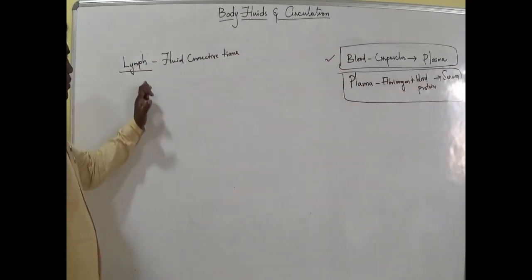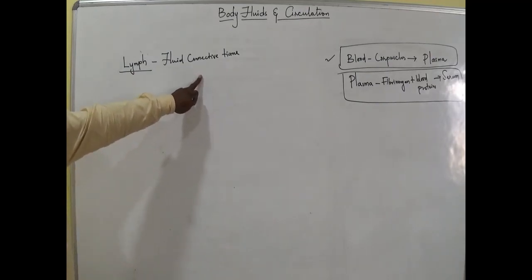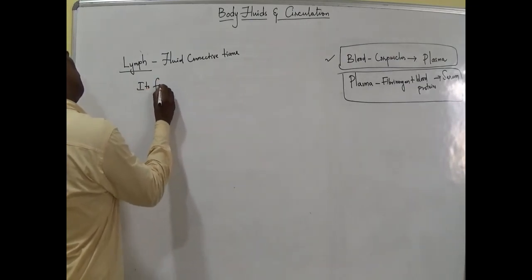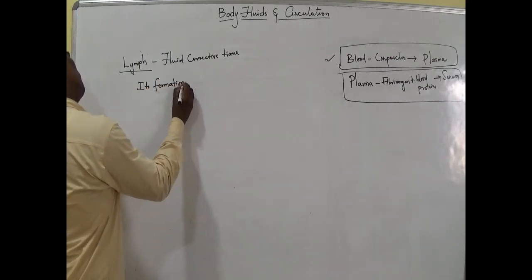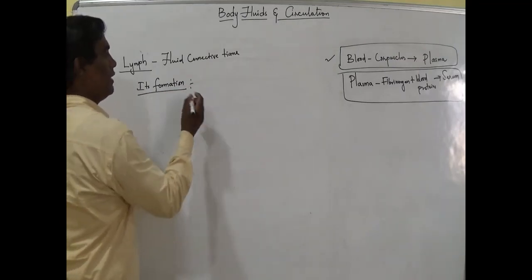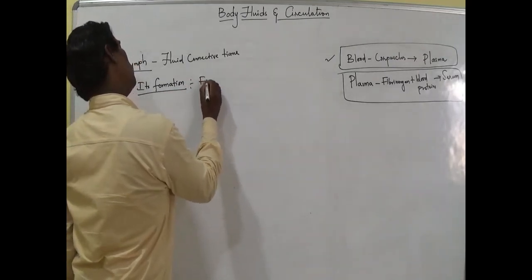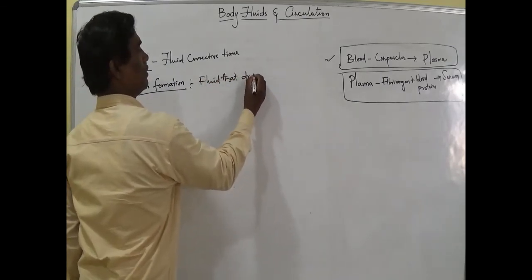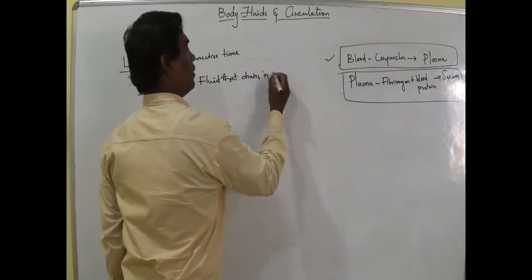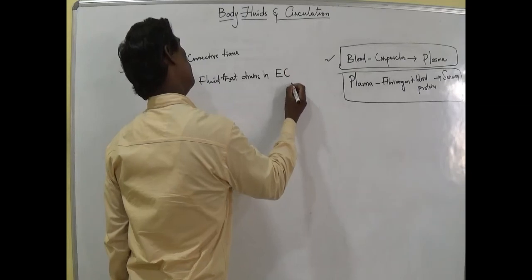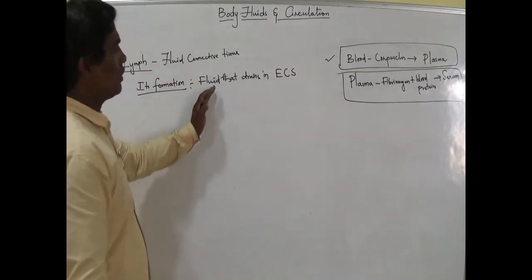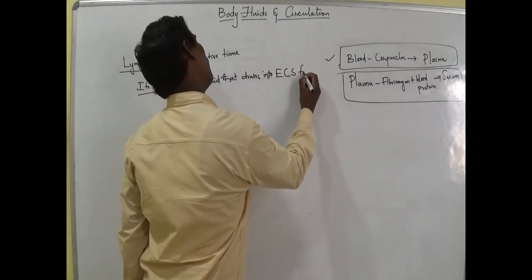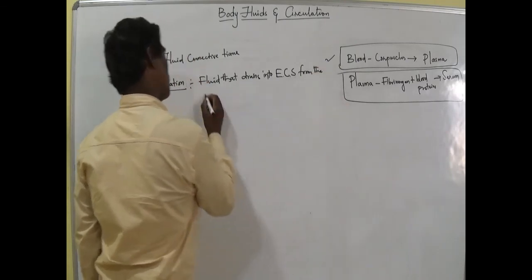So lymph is a fluid connective tissue. It is formed by the fluid that drains into the extracellular space from the blood vessels.